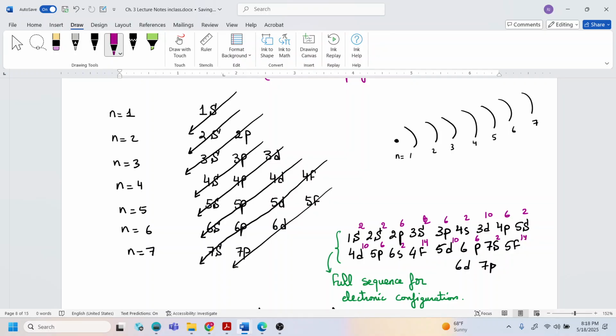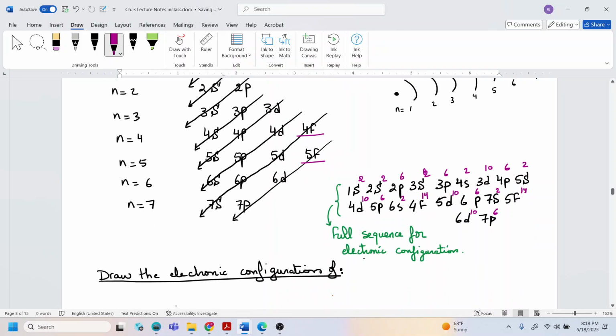You have two f's in there, the 4f and the 5f, and then you have the 6d, which is 10, and the 7p, which is 6. So this is the full sequence of the electronic configuration.